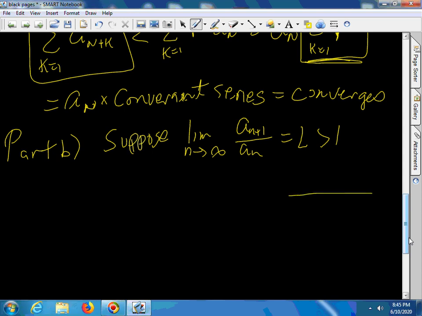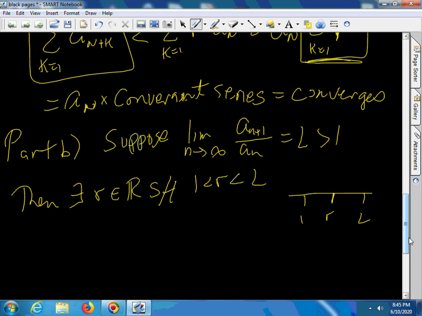So in terms of a number line, we have 1, L is bigger, and I'm going to pick an R in between. Then there exists an R in the real numbers such that 1 is less than R, which is less than L.